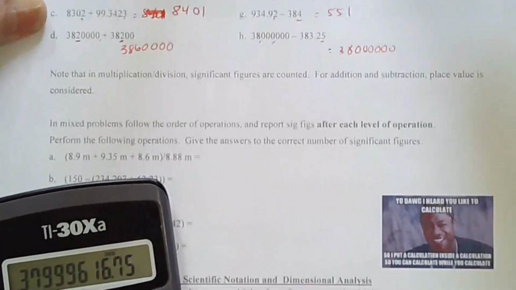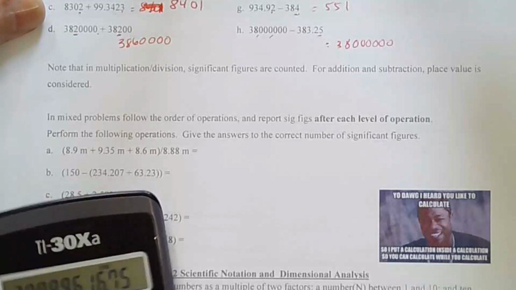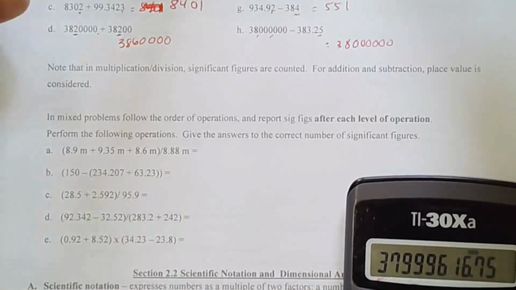Okay. Now, going on to what happens when we have mixed calculations, when we are mixing operations, such as multiplication and addition, or either multiplication and division and addition and subtraction.